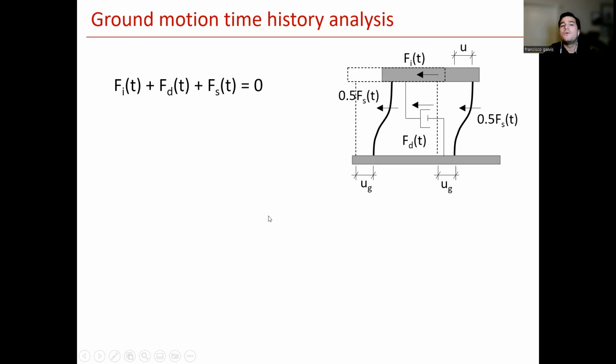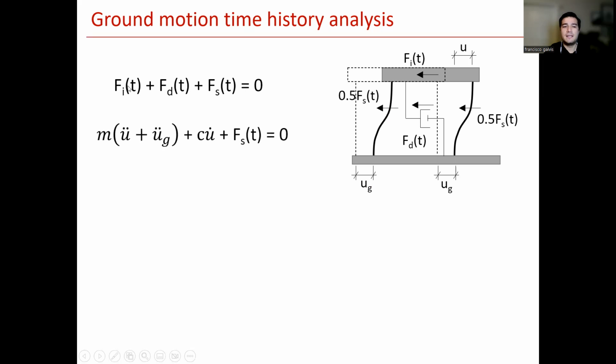And now what happens when you have a ground motion, right? Instead of having an external force applied on your degree of freedom, you have the ground moving. Now, when you have the ground moving, you don't have an external force. So your equation of motion becomes just the inertial term, the damping term, and the structural deformation term, all equal to zero because there's no external force.